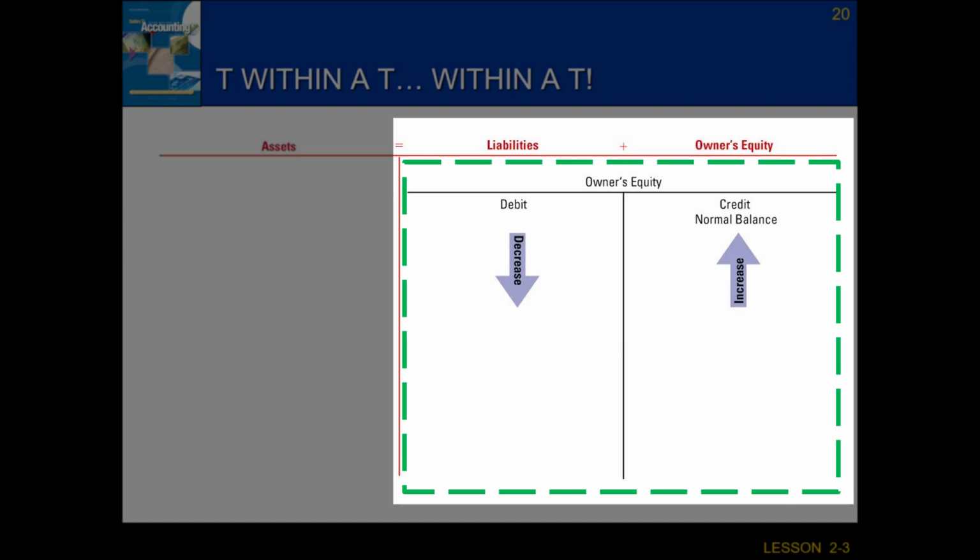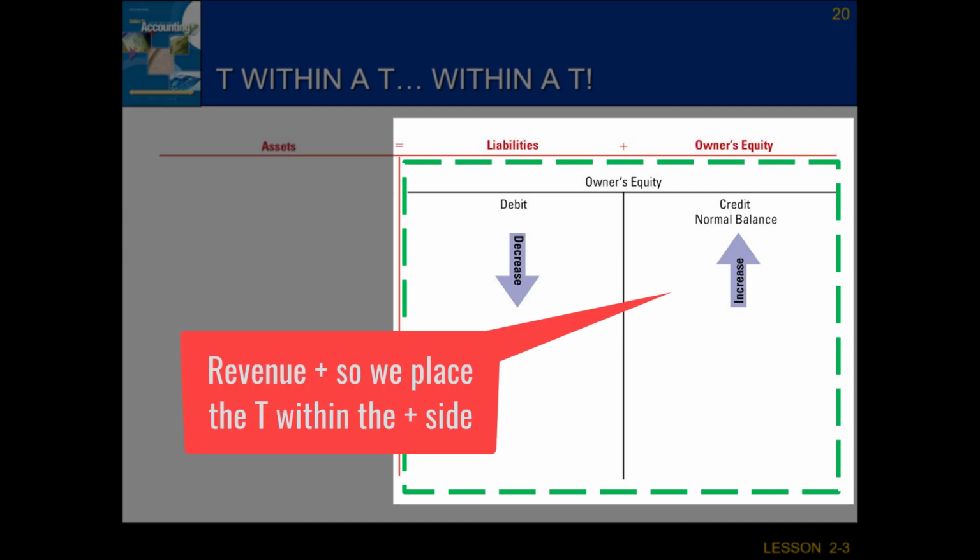So revenue, like I said, increases owner's equity. So we're going to go to the increase side, and we're going to draw a T account on the increase side. We're going to label it with the official account title, which is sales. And then we've got debits on the left, credits on the right. And now we need to figure out where we're putting that normal balance and we're increasing or decreasing within sales.